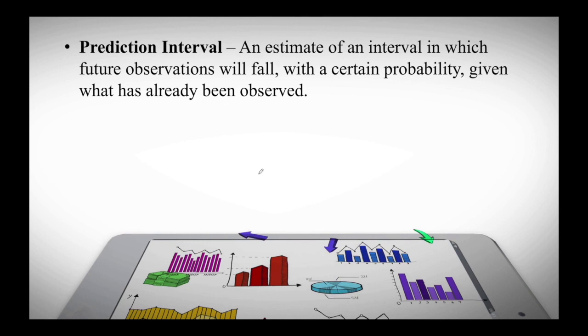Pero if we are going to have the interval for the future, as part of our prediction, kung ano ba yung mangyayari in the future, ganito pa rin ba? O ano yung interval? Ano yung pwedeng maging range ng data natin? That is what we call the prediction interval. An estimate of an interval in which future observations will fall with a certain probability given what has already been observed. That is prediction interval.